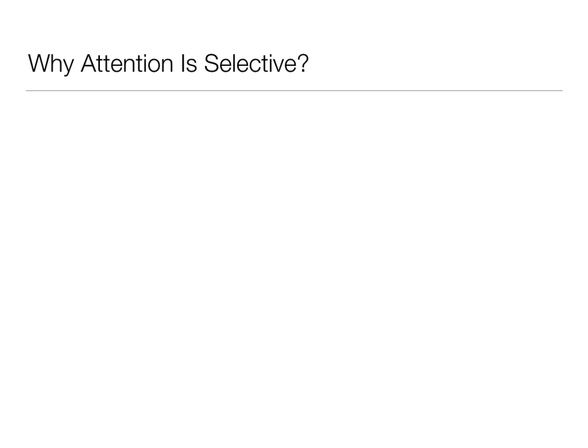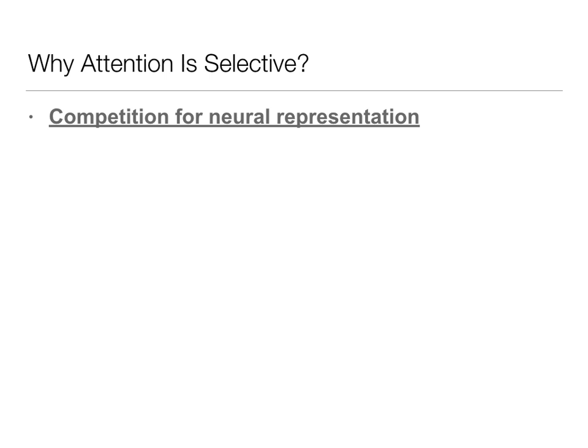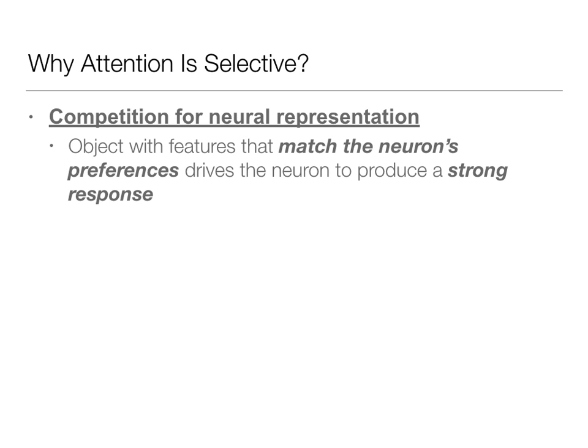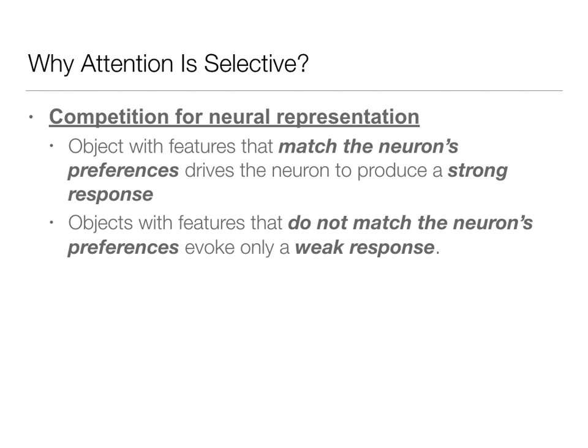Another reason we think attention evolved to be selective is this idea of competition for neural representation. If an object matches the neuron's preferences, it will drive that neuron to produce a strong response. We've been talking about this since the beginning of the class. And objects with features that don't match will only produce a weak response.